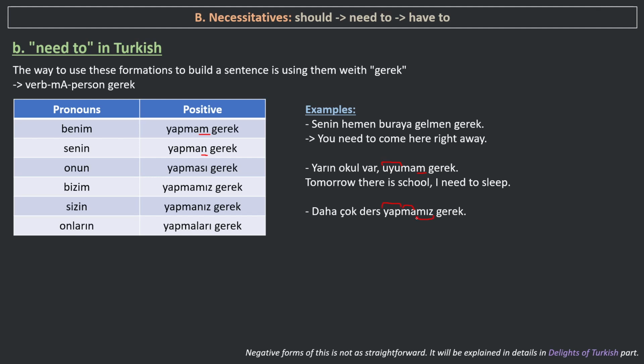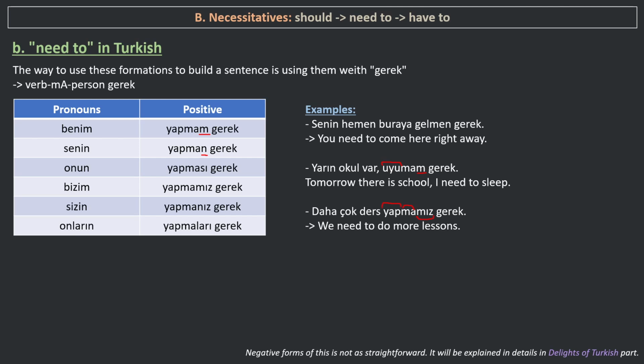So mız is for our. Our doing is needed. But doing what? Ders yapmamız. Our doing or lesson doing is needed. So basically, we need to do more lessons.